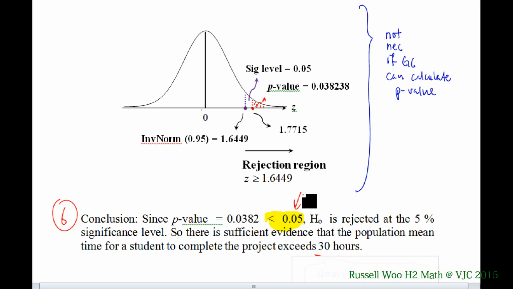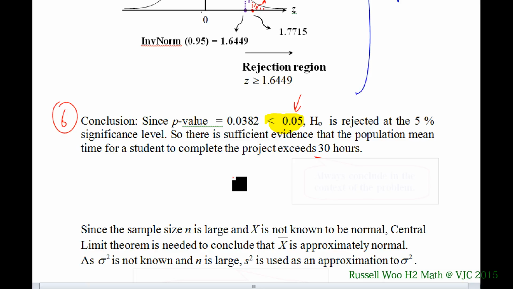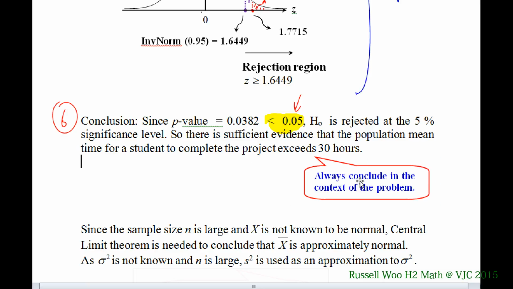You have a threshold level, threshold probability, decision-making threshold. If your p-value is less than your decision-making threshold, you reject that. Actually it's mechanical, right? Okay? Always conclude in the context of the problem, Ken.